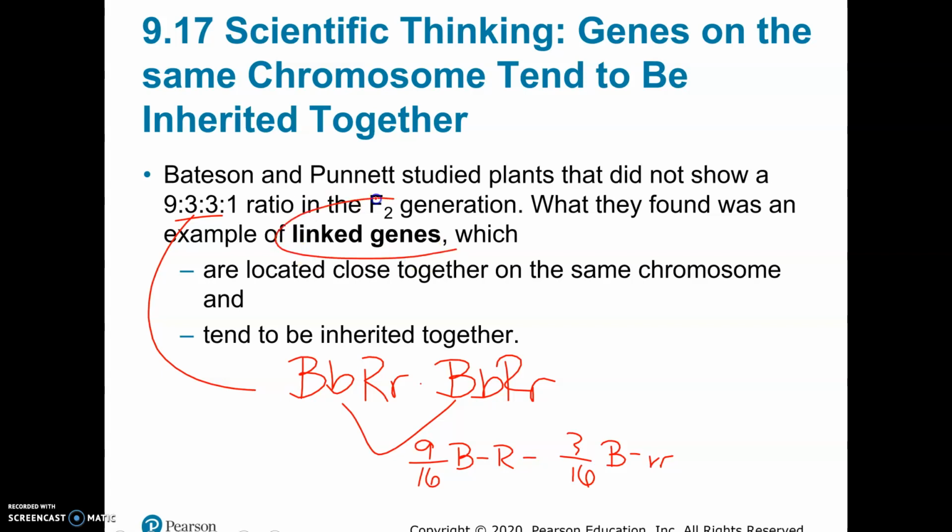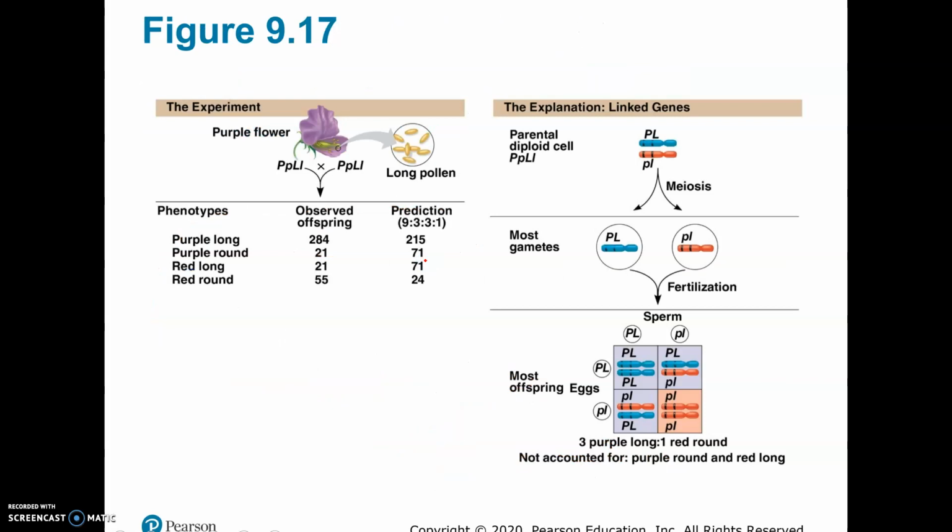And it turned out it was because the genes were what were called linked. The genes were on the same chromosome. In other words, normally we would expect, if you did this particular cross, that you would get a 9 to 3 to 3 to 1 ratio. So this is basically a prediction. So 9/16 of the total, 215, you would have expected 71, 71, and then 24 with recessive for both traits.